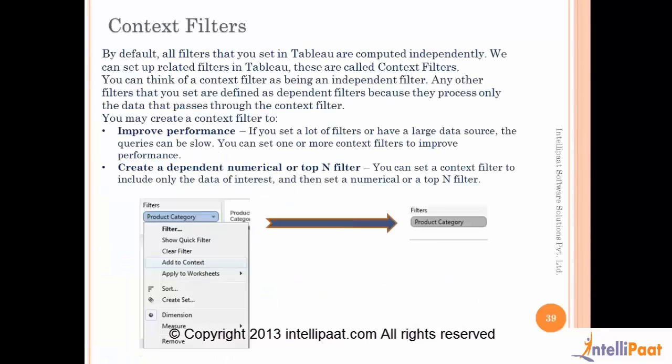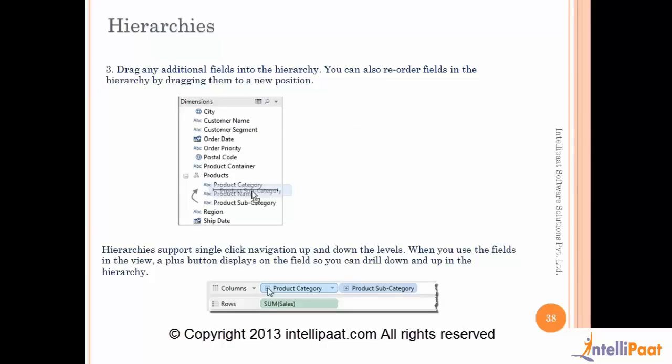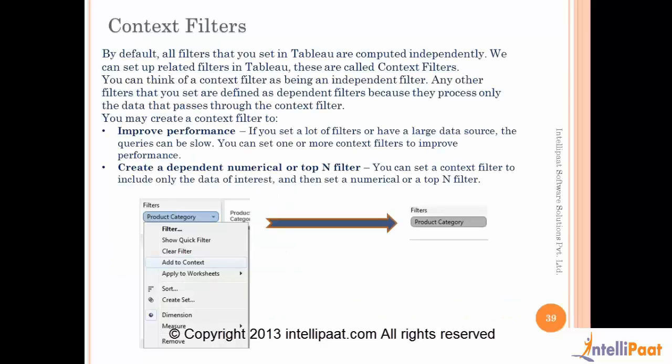Okay, and we've seen how to create filters. There were various ways of creating filters. What I was talking about is something called context filters. We have seen very different ways of creating filters: one was dragging a dimension or a measure onto the filter shelf, or right clicking it and then saying show filter, and all those things.